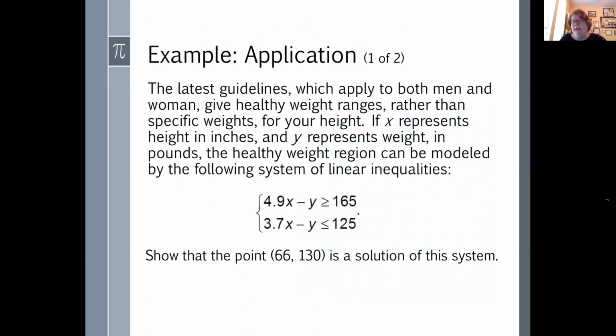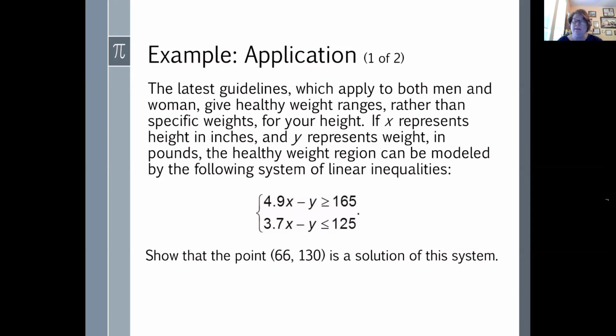All right, an application that shows how we might use a system of linear inequalities. The latest guidelines, which apply to both men and women, give healthy weight ranges rather than specific weights for your height. If X represents the height in inches and Y represents weight in pounds, the healthy weight region can be modeled by the following system of linear inequalities.